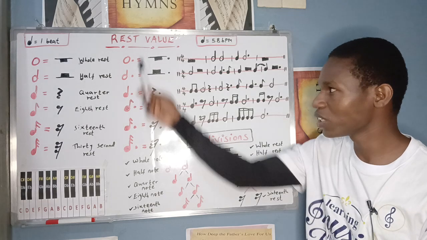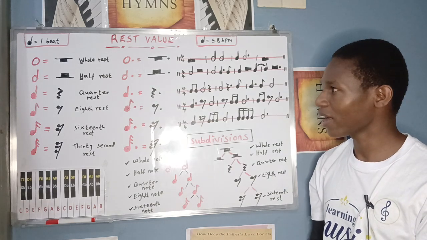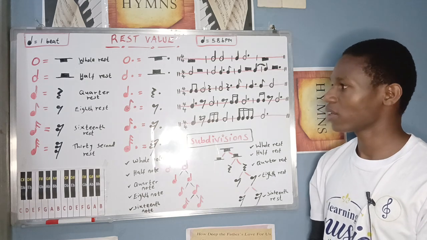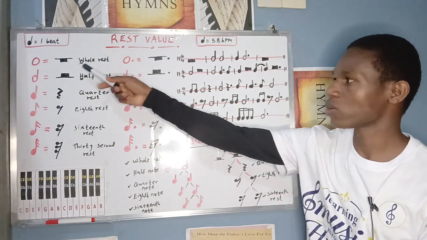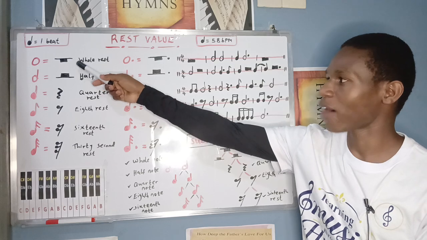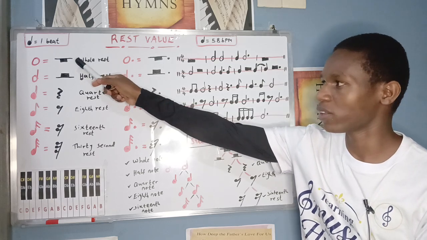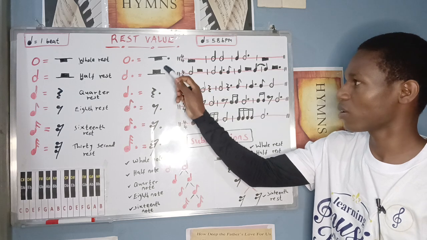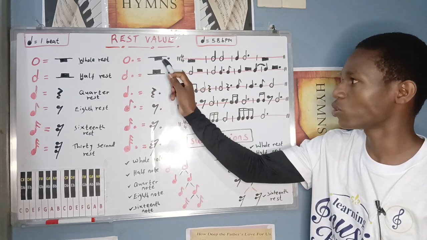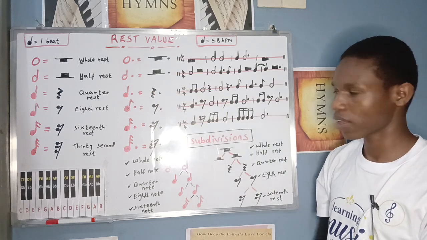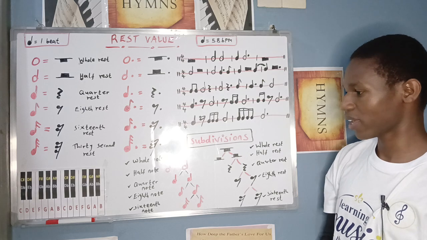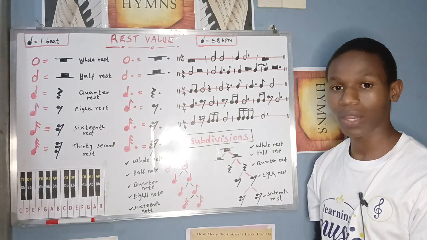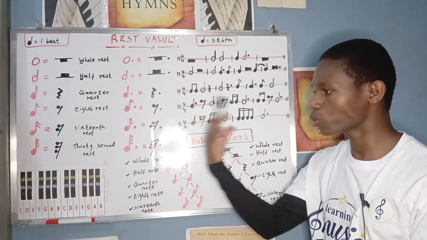I don't need to go through dotted rests because it's the same concept: you just place dots after the symbol, like this dot here representing a dotted whole rest, and the same thing following downwards.